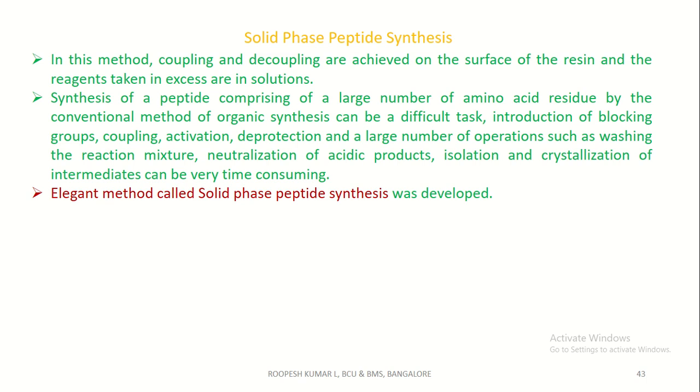Synthesis of a peptide comprising a large number of amino acid residues by the conventional method, in the sense of solution phase synthesis, can be a difficult task. Introduction of blocking groups, that is N protecting groups or C protecting groups, and coupling, activation, deprotection, and a large number of operations such as washing the reaction mixture, neutralization of acidic products, isolation, and crystallization of intermediates can be very time consuming, as I said before.